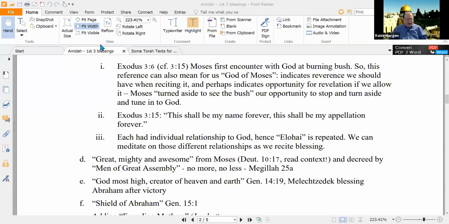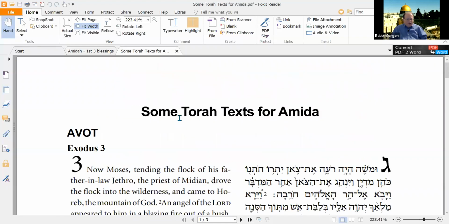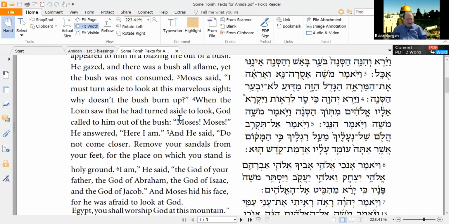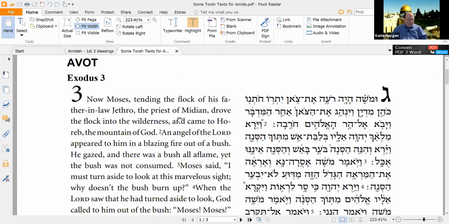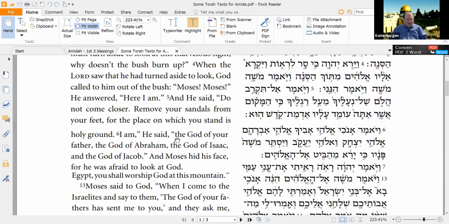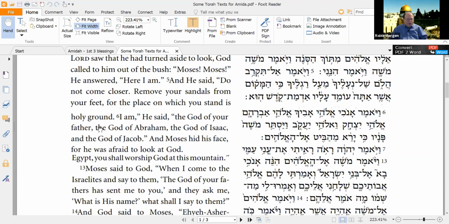So let's take a look at where that comes from, some Torah sources. This is the Torah source, the other handout for the class. This was Moses turning aside to see the burning bush, and God says, "I'm the God of your father, the God of Abraham, the God of Isaac, God of Jacob."